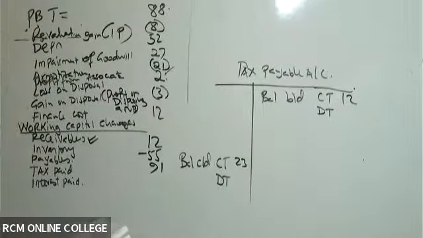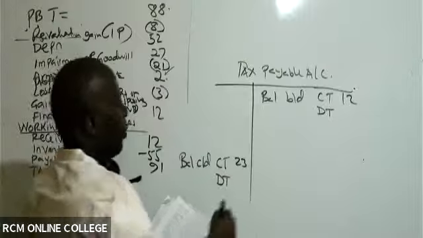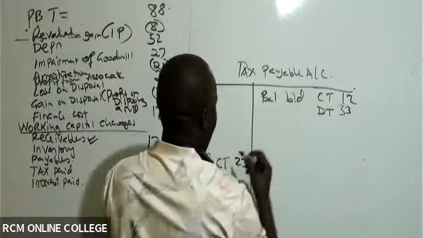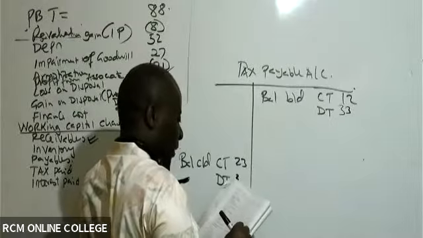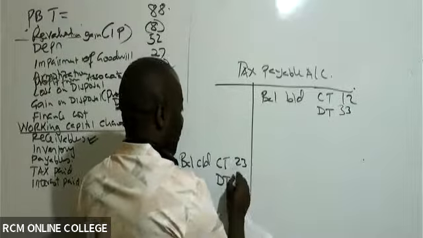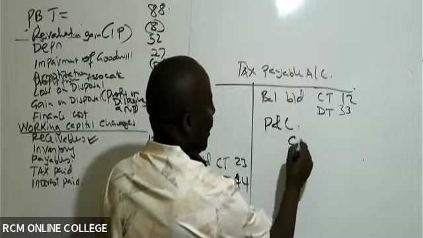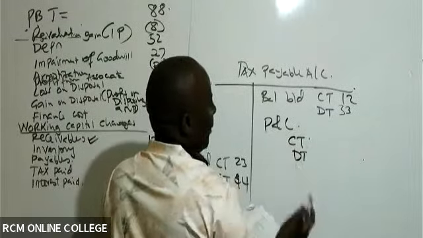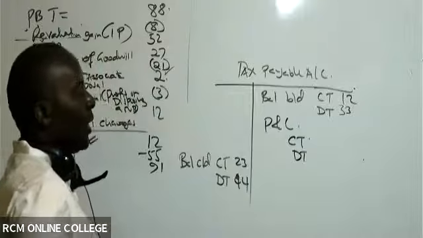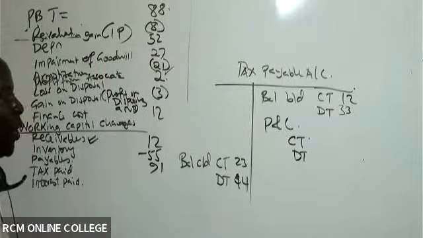Now, ladies and gentlemen, after that, we look for deferred tax. Under non-current liabilities, I'm able to see the deferred tax. Brought down here is 33. Carried down here, it can't be the same, so 33 and 44. And then now we look at the P&L, profit and loss for the year.